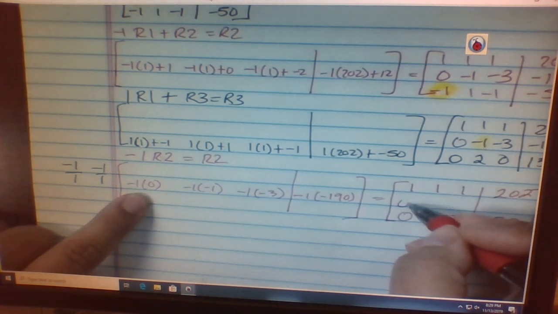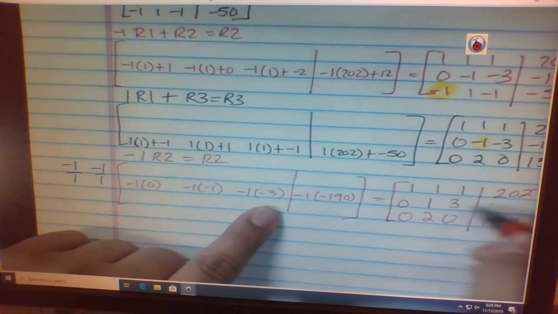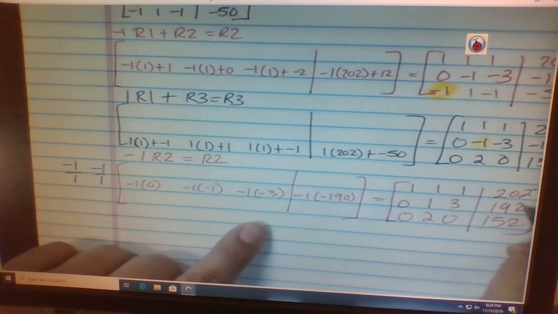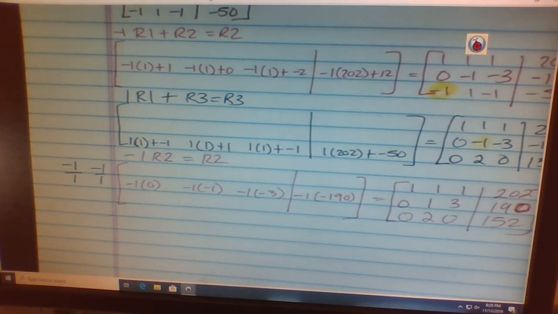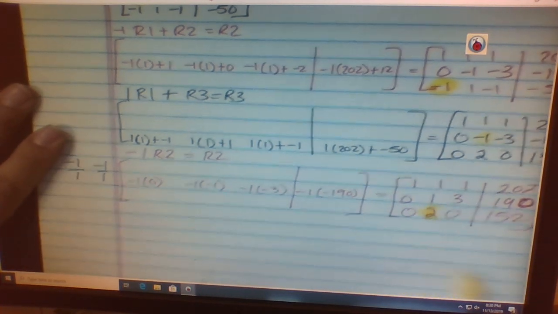So 0, 1, 3, positive 180. Now we work on the 2, making the 2 into a 0. In the column where the 2 is, which row has the 1?